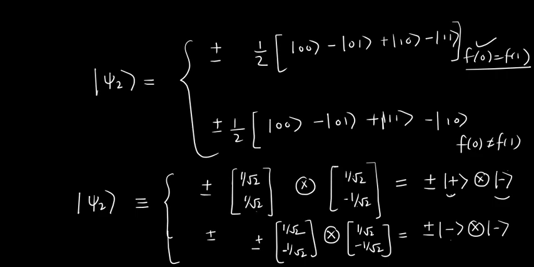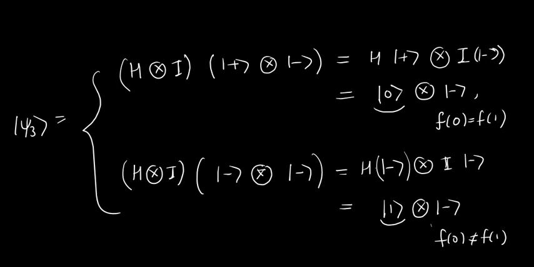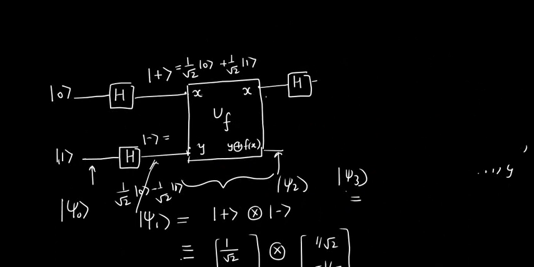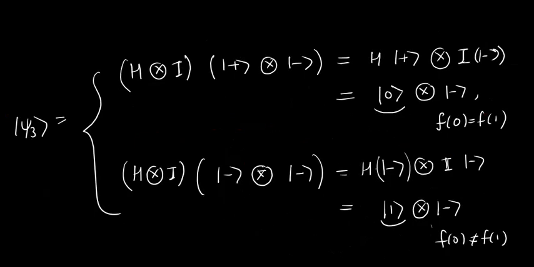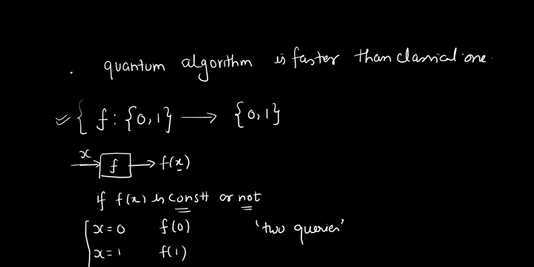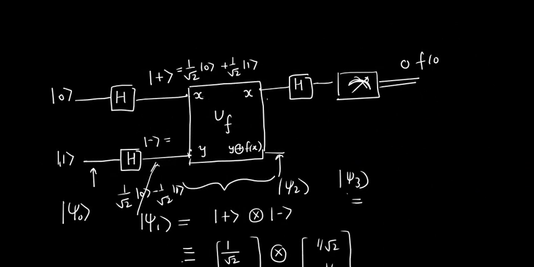This is phi 2, and we have applied the Hadamard and identity to it. So our first qubit has the information: if you measure this first qubit and it comes out as 0, then you can say that yes, f0 is equal to f1, my function is constant, and when it comes out as 1, it is not. In other words, the output provides you f0 XOR f1.